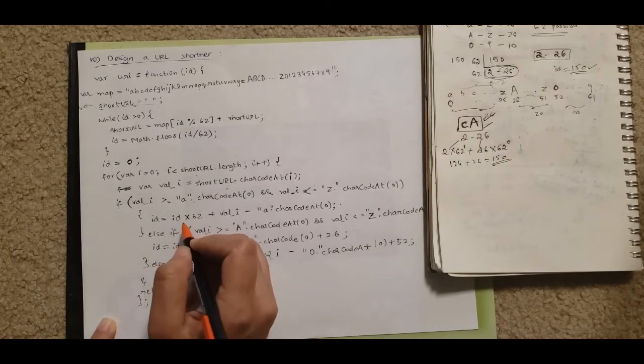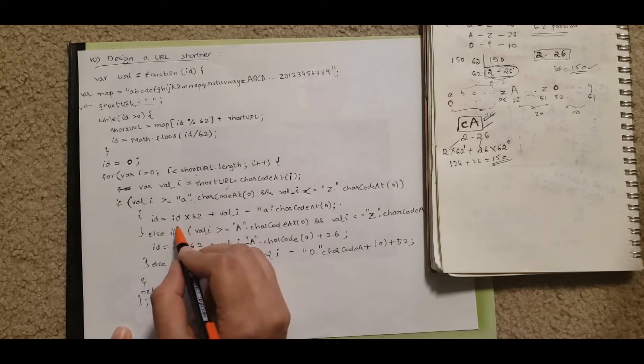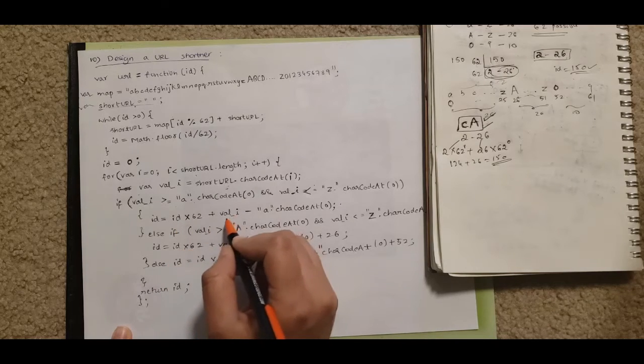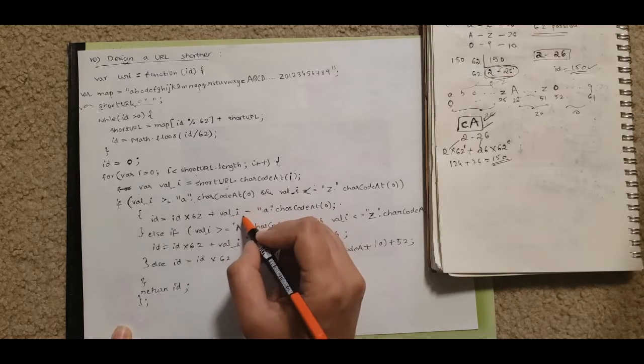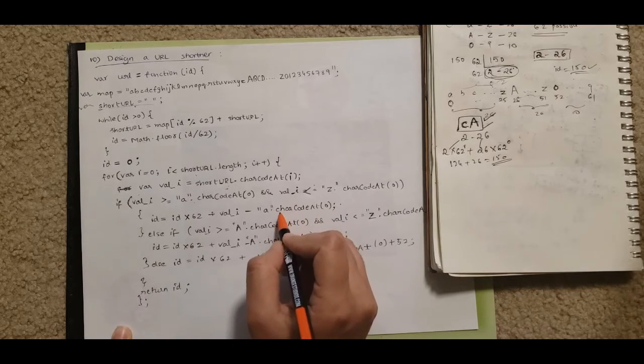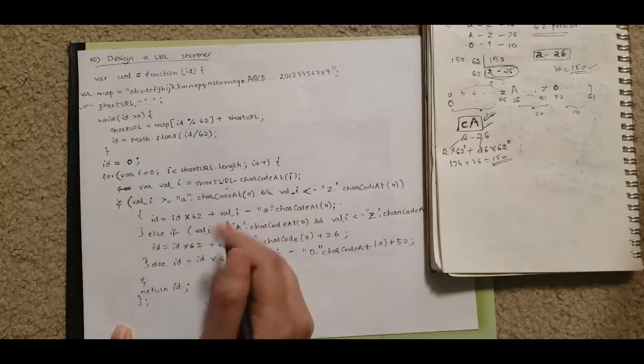In that case, ID is equal to ID into 62 plus the ASCII value of c minus the ASCII value of a.